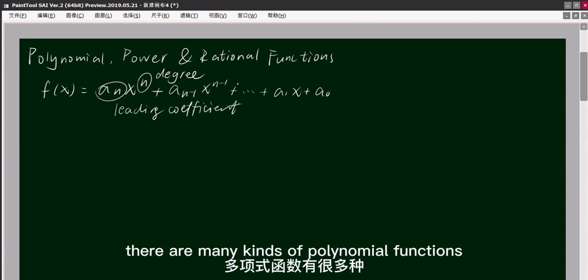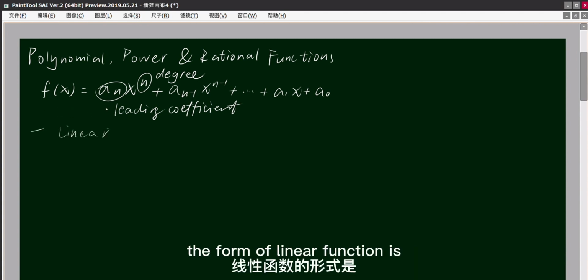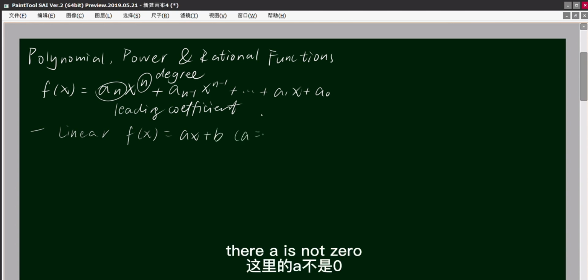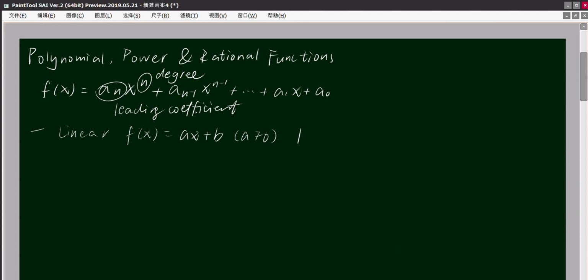There are many kinds of polynomial functions. One of them is linear function. The form of linear function is f(x) equals ax plus b, where a is not 0. In this function, the degree is 1, because x to the power of 1 is x.